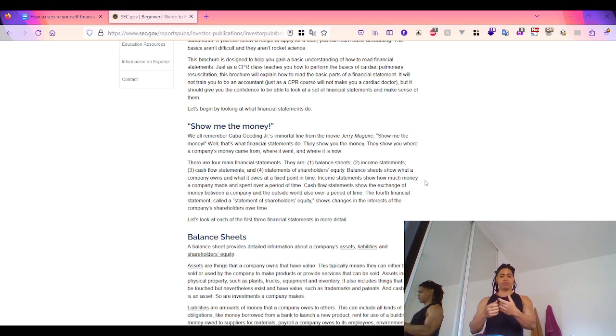meaning you have current assets, which a company expects to convert into cash within a year, for example inventory. Then non-current assets, which a company expects will take longer than a year to convert into cash.